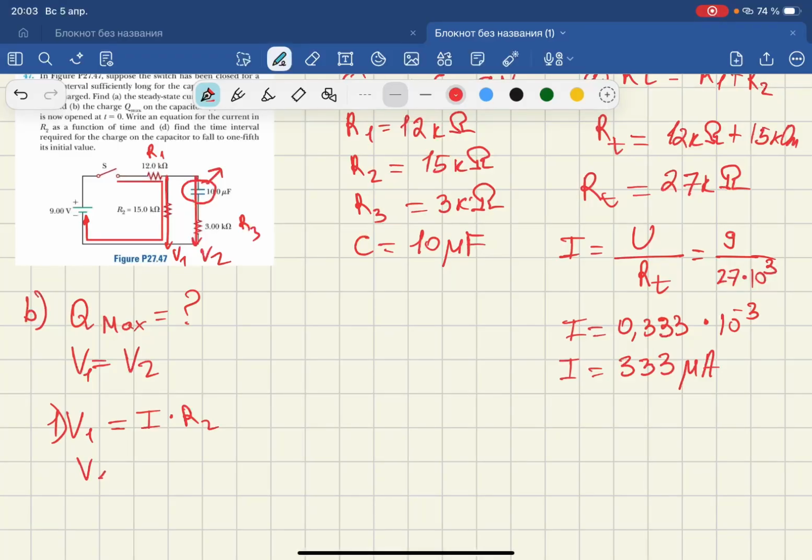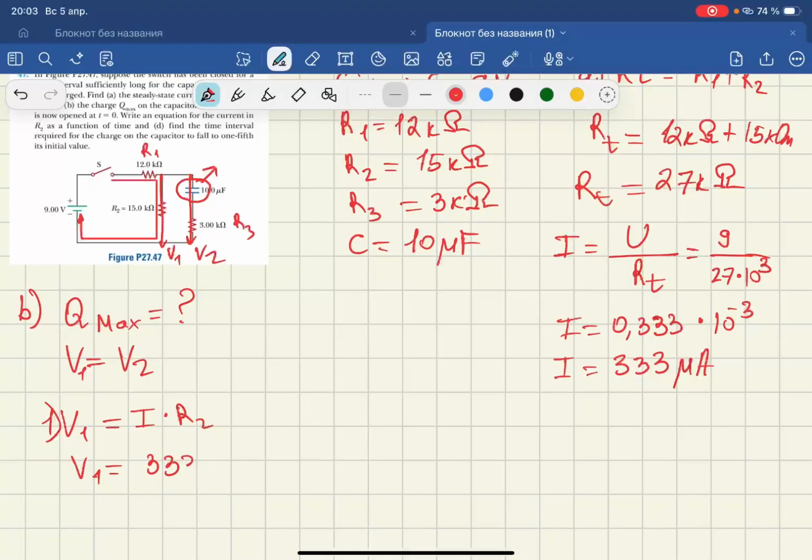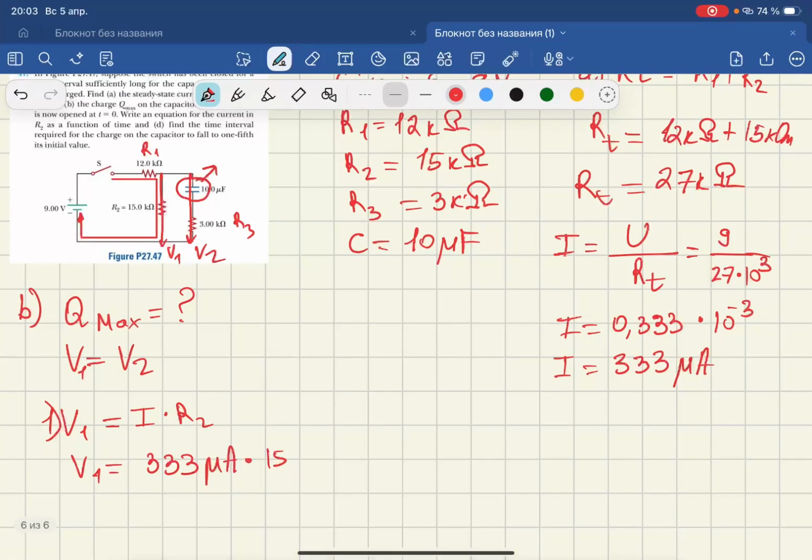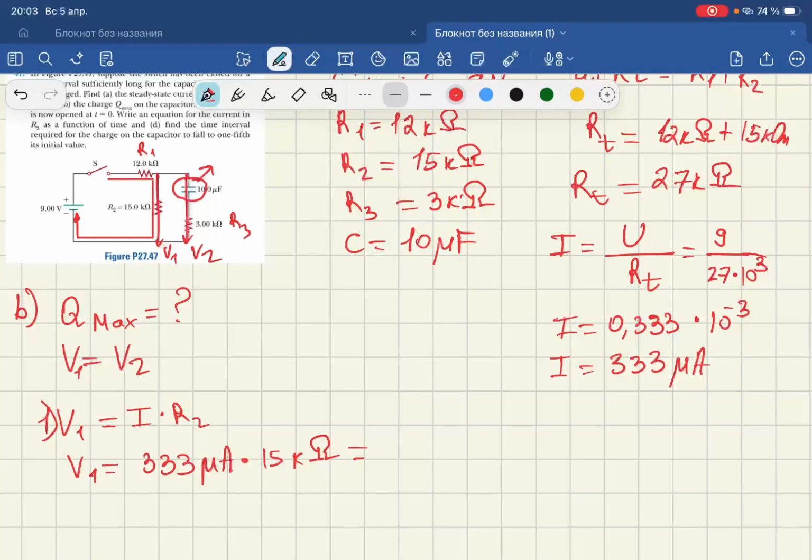So V1 is equal to 333 microampere times 15 kilo ohm. 333 times 15 is equal to 4,995.